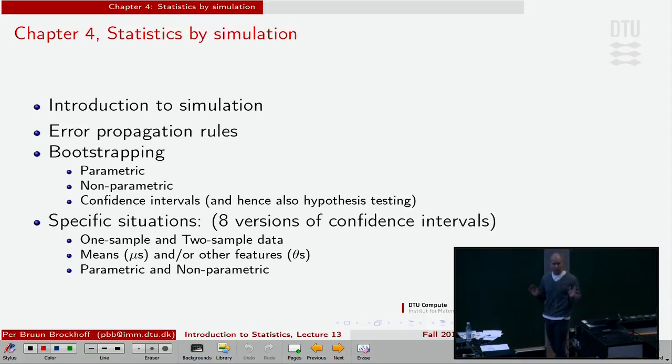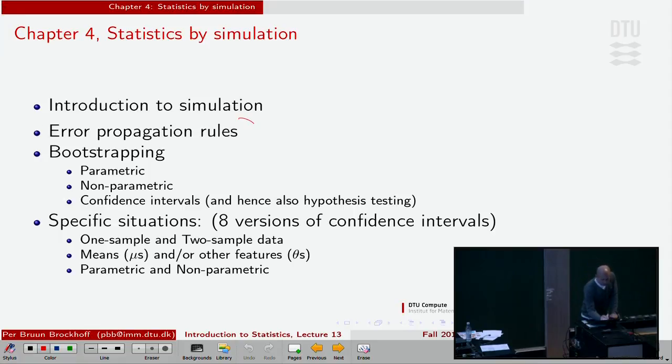Very, very perspective-giving chapter that opens a big world for every one of us, that goes way beyond the actual tools that I share with you within this context. I share tools with you to do 1 and 2 sample statistics based on simulation, instead of basing it on the normal distribution and the analytical t and chi-square distributions.